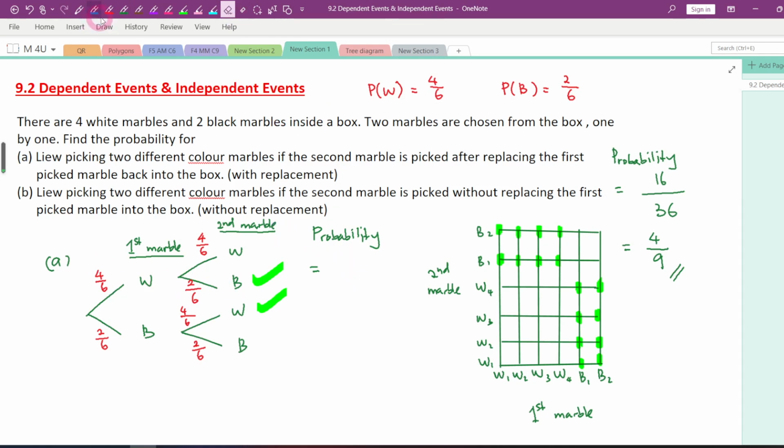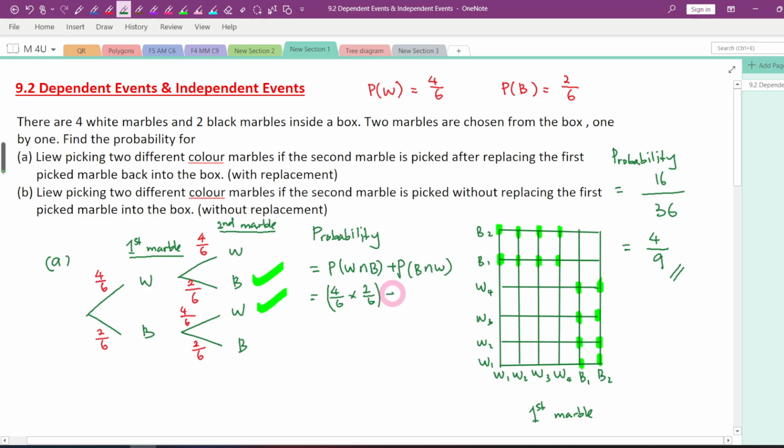Or black, white: probability of getting black, 2 over 6, times probability of getting white, 4 over 6.